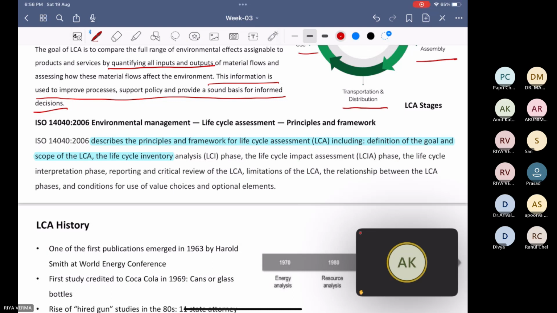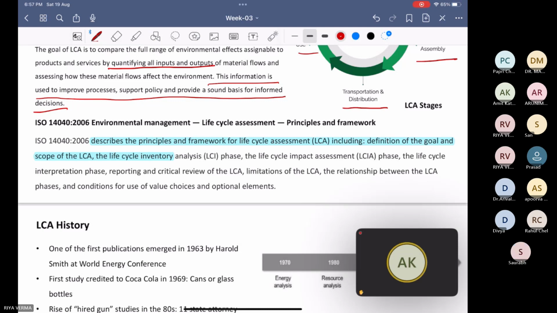This describes the principles and framework for LCA that include the definition of the goal and scope of the LCA, then the life cycle inventory analysis phase, then the life cycle impact assessment phase, the life cycle interpretation phase, and then reporting and the critical review of the LCA.